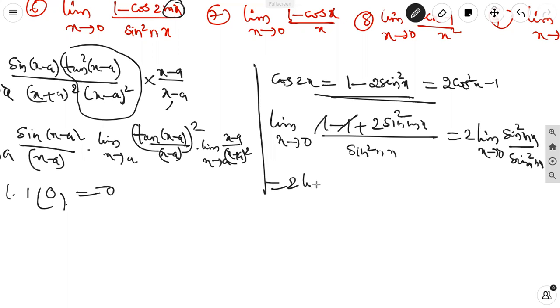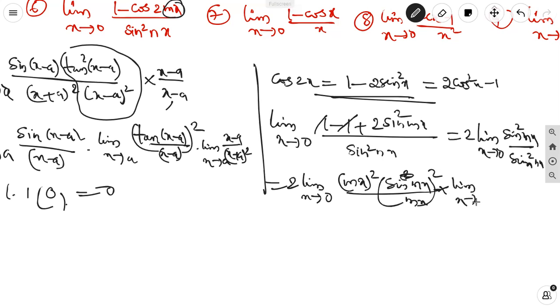It is equal to 2 limit x tends to 0. We want in the numerator (mx) whole square, and in the denominator, (sine mx by mx) whole square. In the denominator, limit x tends to 0, 1 by (sine nx by nx) whole square. In the denominator we multiply with (nx) whole square.